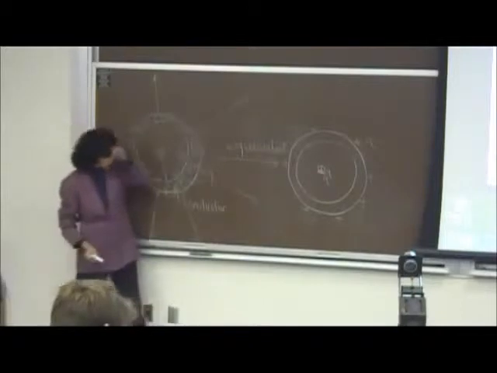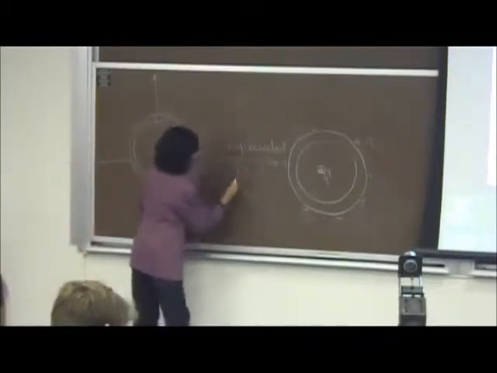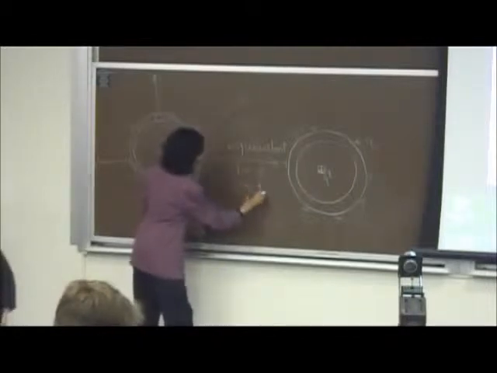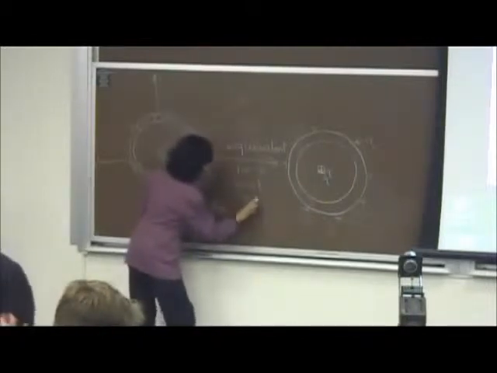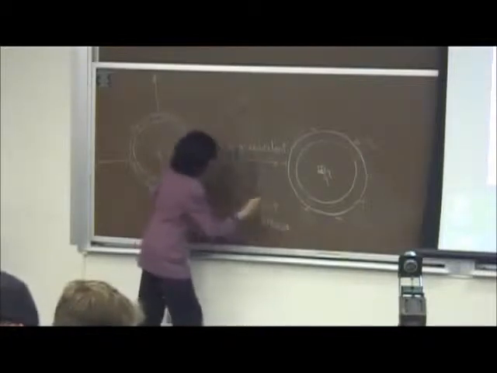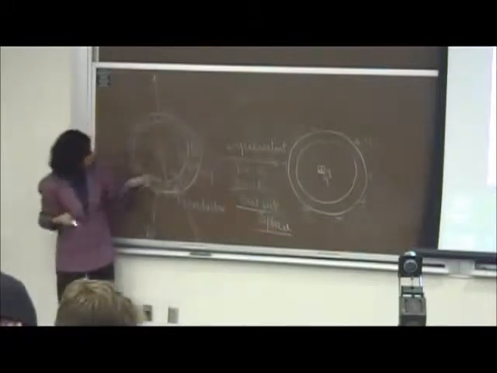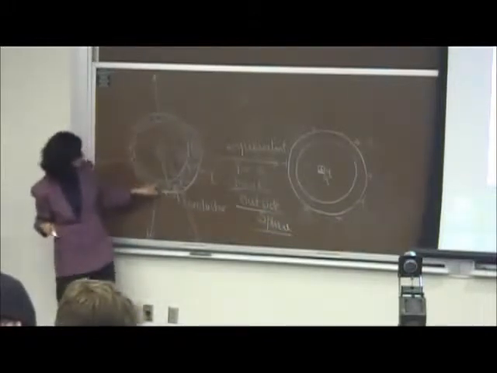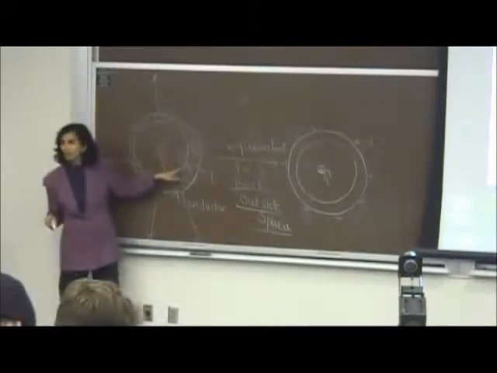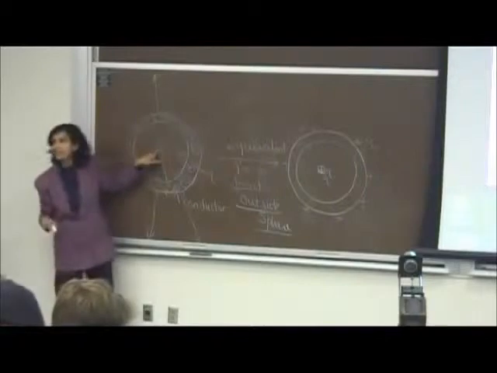Why is it equivalent? For a point outside. For a point outside the sphere, remember we said that you can think of this charge, since it's uniformly distributed, as being at the center.